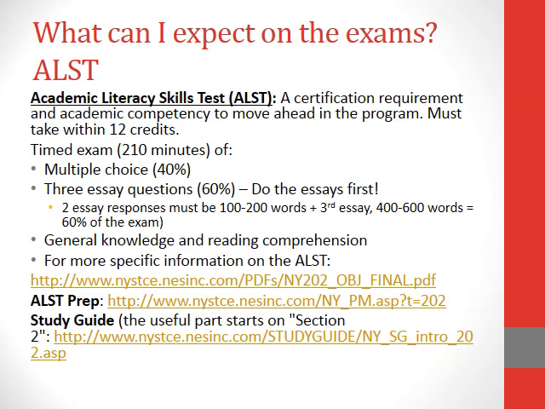The multiple choice counts for 40% and the 3 essay questions count for 60%. It is recommended that you do the essays first because they count for more. There are 2 essay responses, 2 of the 3, between 100 and 200 words, and a third essay called an extended response that's between 400 and 600 words.